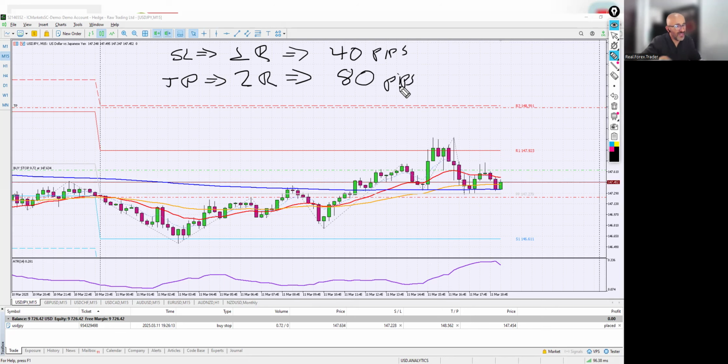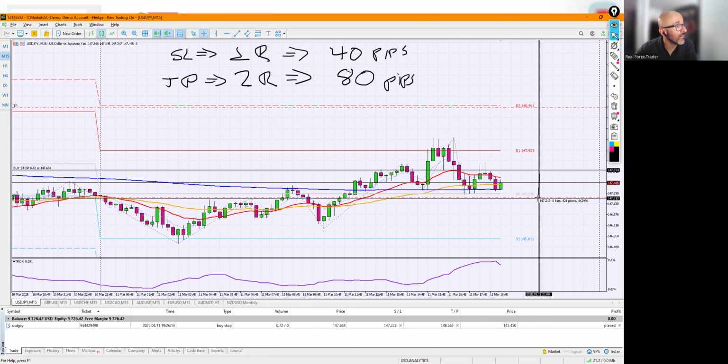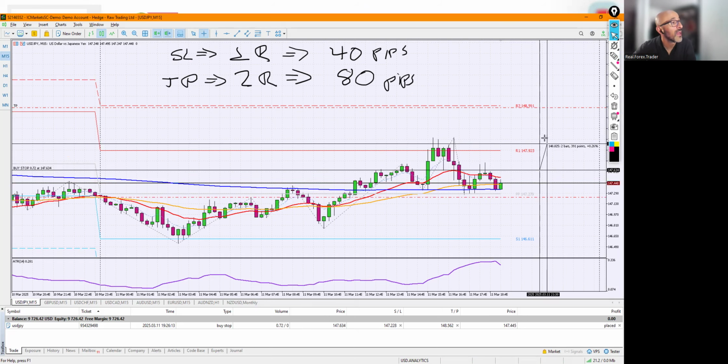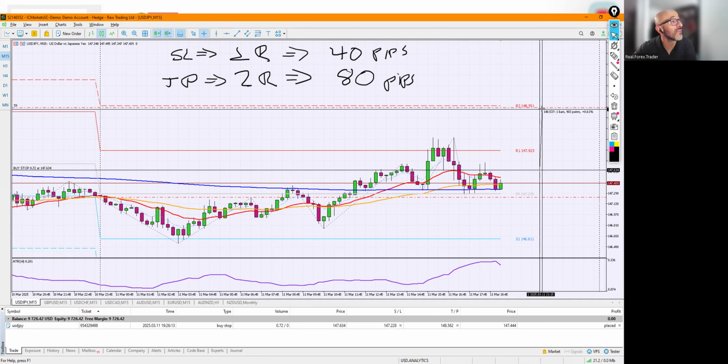But let's see the R in here, the reward, is accordingly or not. Remember, here from my entry point to my stop loss, there are 40 pips. And here I have right now 92 pips.